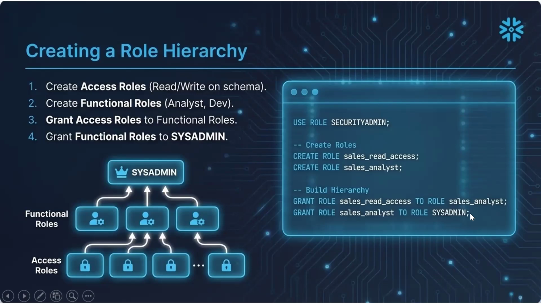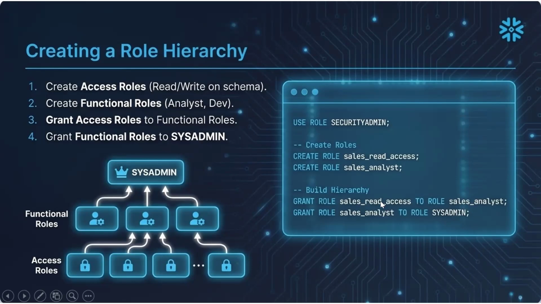So now sysadmin gets access to both roles in the hierarchy. Since this is granted to this and this is granted to this, the sysadmin role will get both roles, whatever privileges they have.